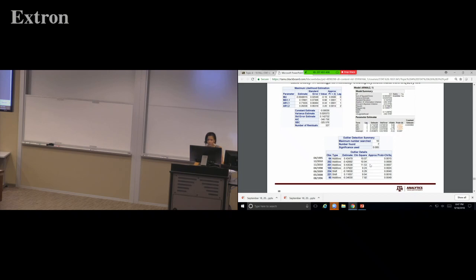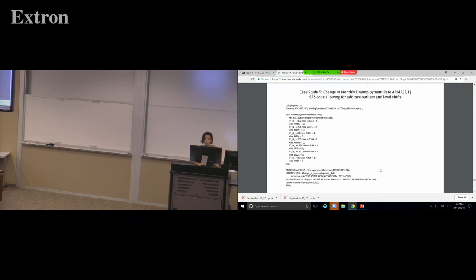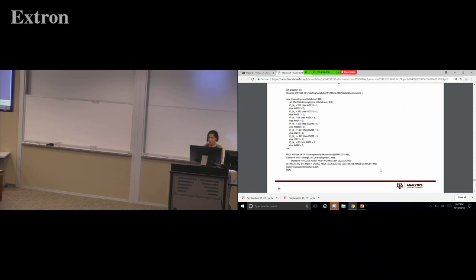So now that we have these significant outliers and level shifts, we include them in the model, this ARMA 2-1. So we rerun the code, creating the dummy variables and including the regressors for those additive outliers and level shifts. This is that code doing the iterative process of looking at outliers.